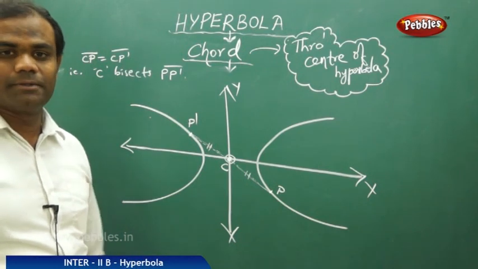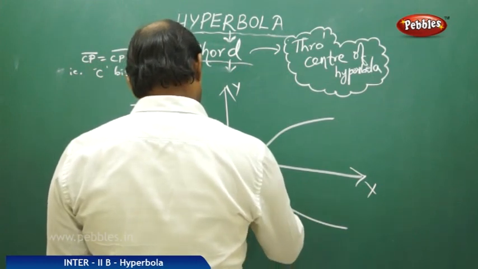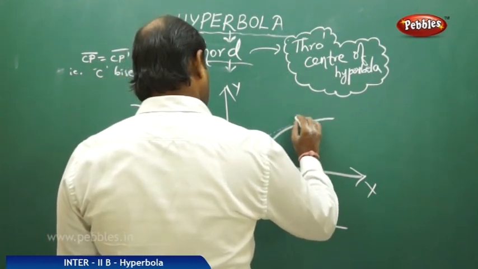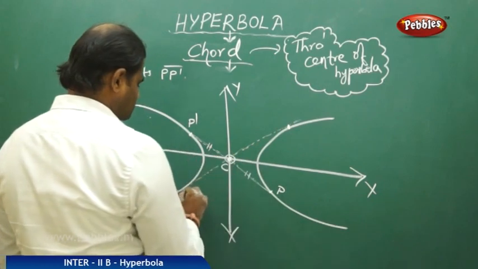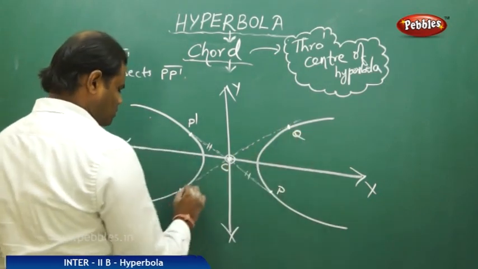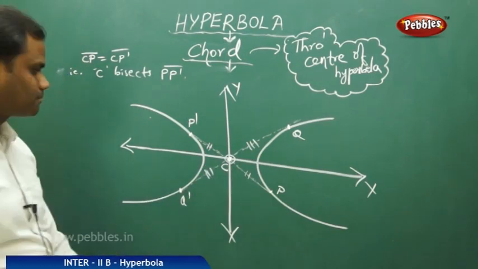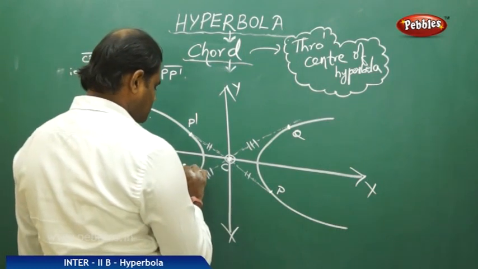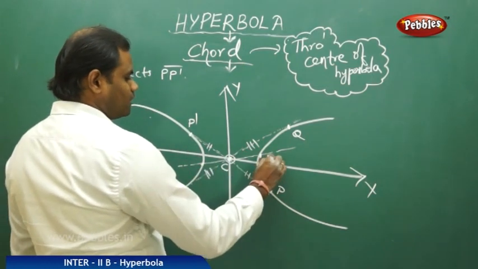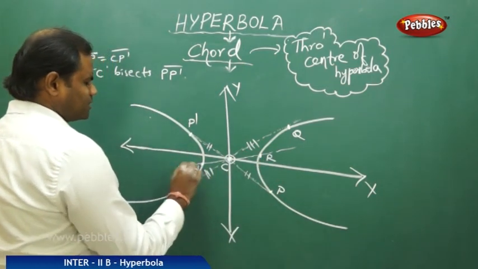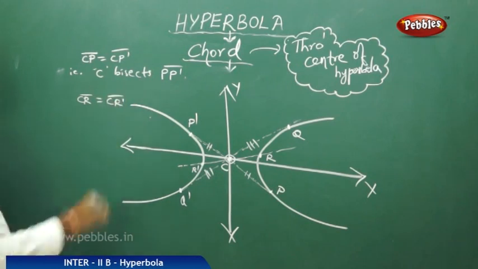This is what we identify as the hyperbolic property. Similarly, if I have Q and Q dash, then CQ will be equal to CQ dash. And similarly, if I have R and R dash, then CR will also be equal to CR dash.